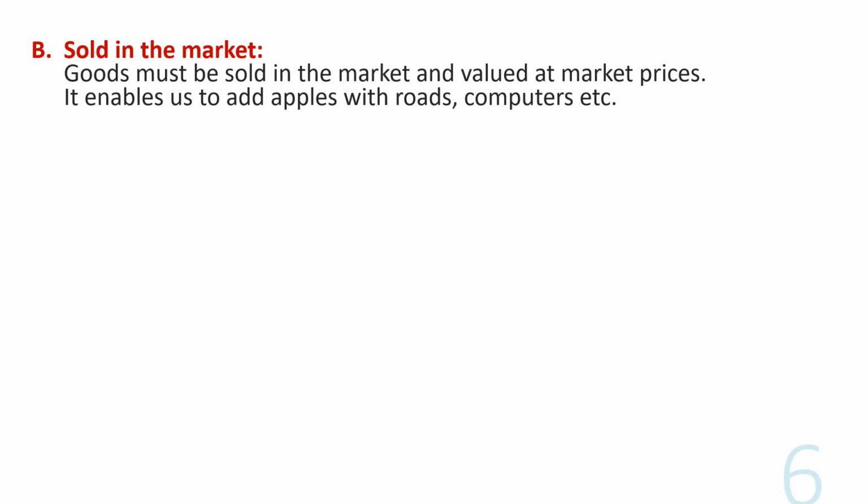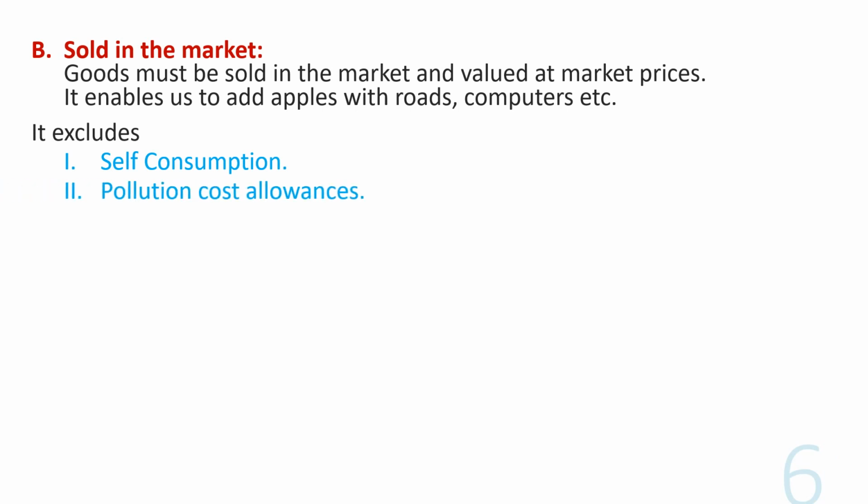However, this excludes self consumption, that is, the value of personal time spent in activities that are not sold in the market. Similarly, it also excludes pollution cost allowances and income from any illegal activity.